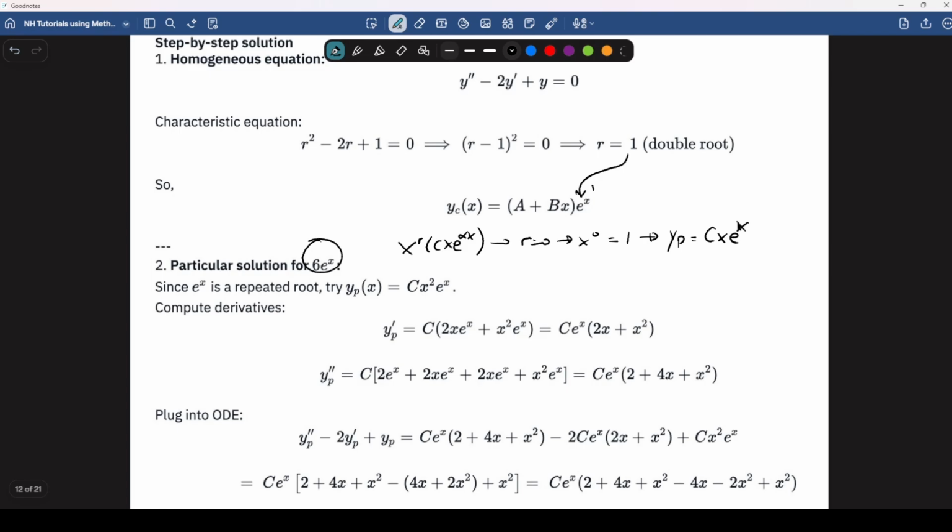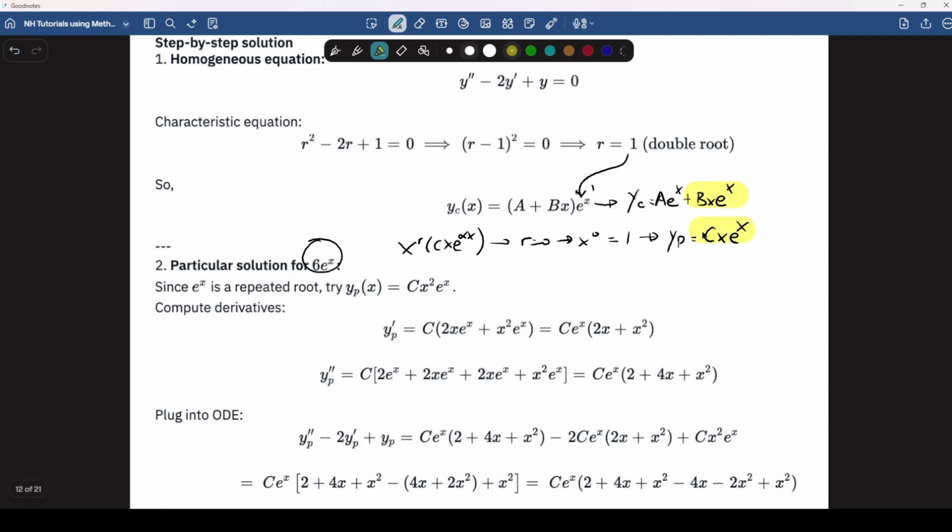From here we can see that the yp term has a corresponding similarity with yc. If we expand yc, it looks like this: yc equals a times e to the power of x plus b times x times e to the power of x, which corresponds to the terms highlighted here.